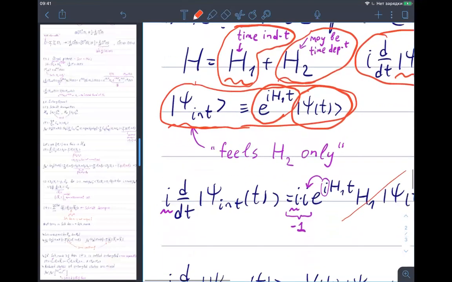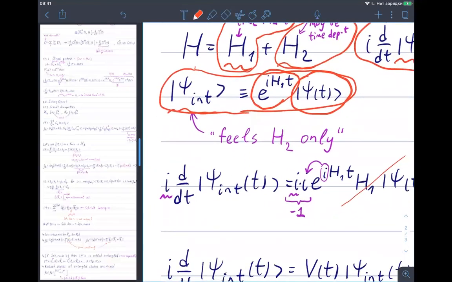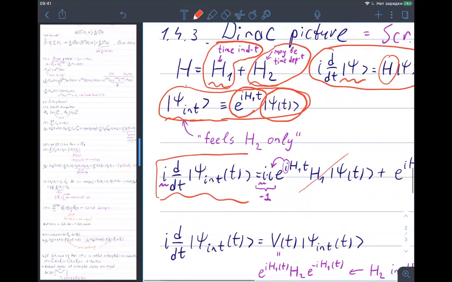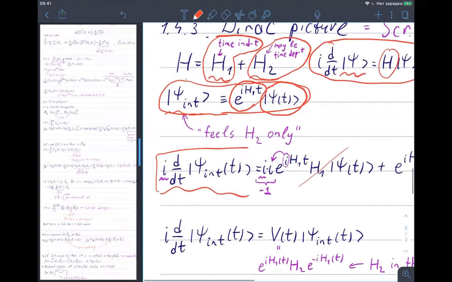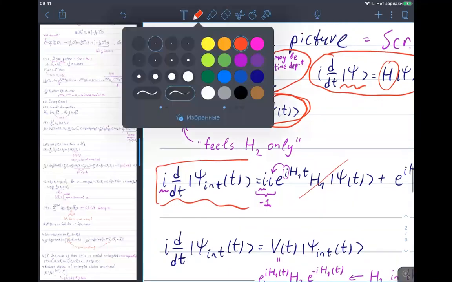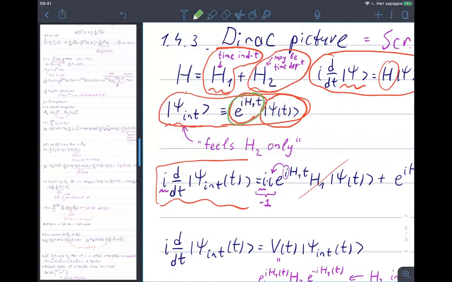This state, we can consider its evolution. We can consider its time derivative, and we just compute it. Here we have dependence in two places, so there are two terms.